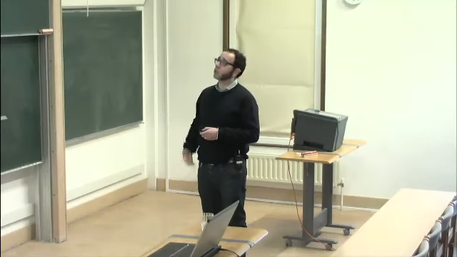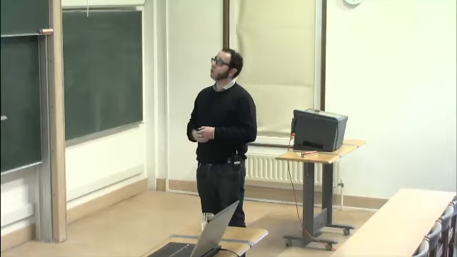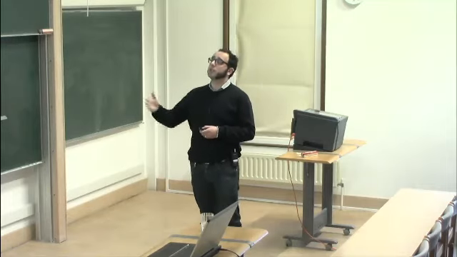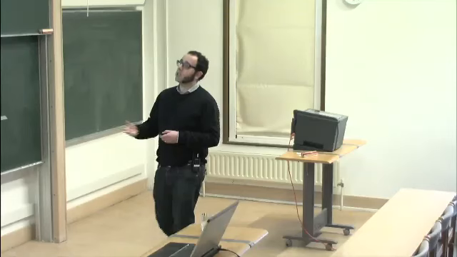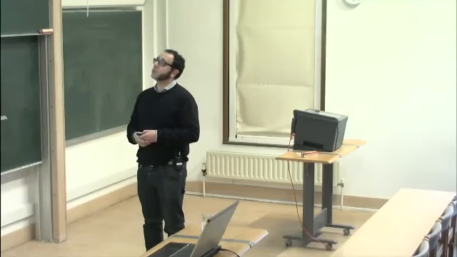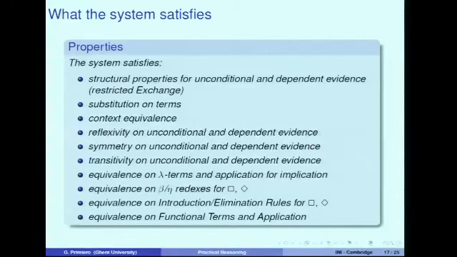Substitution on terms, context equivalence, equivalence on both unconditional and dependent evidence in the form of reflexivity, symmetry, and transitivity, equivalence on lambda terms, equivalence on the beta eta redexes for box and diamond, and for the introduction rule. So this seems to show that the system is well behaving, though it is a split version of a standard system.